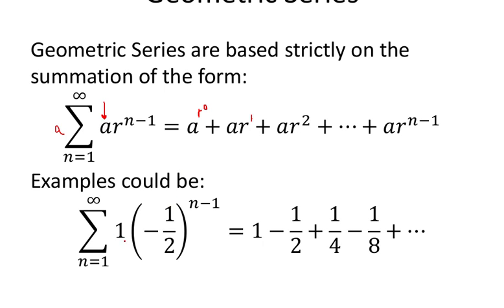One example could be a positive 1 for a and negative 1/2 for r, and as we increase through our counts, we get 1 minus 1/2, plus 1/4, minus 1/8. Notice we got this alternating negative here. Every second term is negative. That's because we got this exponent and the negative is on the inside.